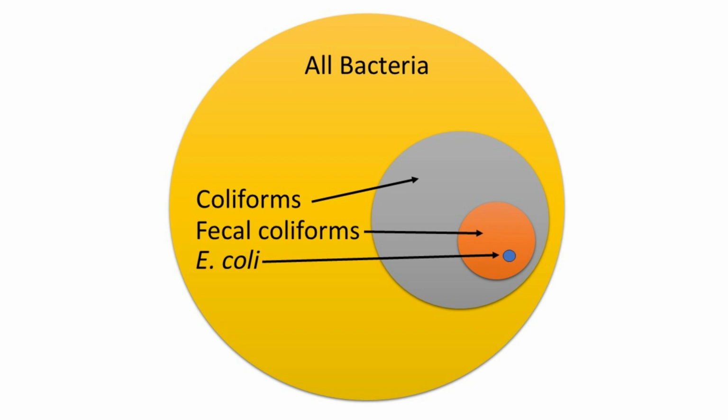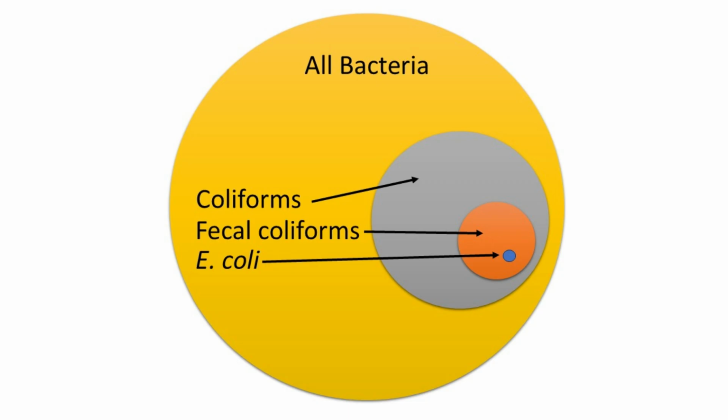Then we have a more specific subset of coliform that we call fecal coliform. Fecal coliform are coliform bacteria that are far more associated with our intestines or with growing inside our bodies like that. And one genus of fecal coliforms is Escherichia coli, and there's many strains of E. coli. So E. coli, extremely specific for our intestines, although you will find it in the soils. It's just far more abundant in our intestines.